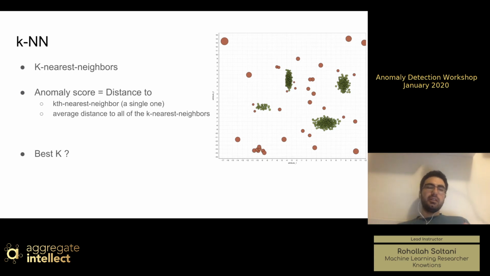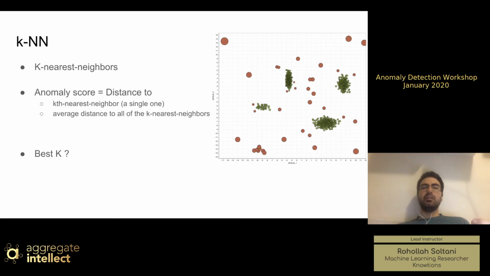To use k-NN for this, the first thing you have to do is, for every record in your data, find the k nearest neighbors. And then you can say the anomaly score is a distance to them. You can use two different ways of doing that.